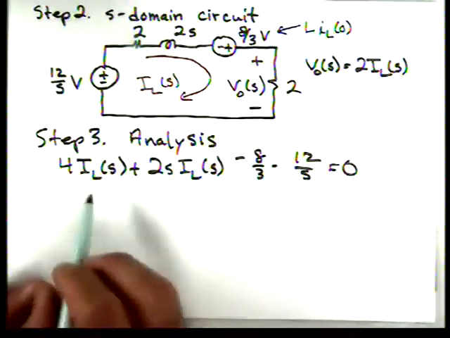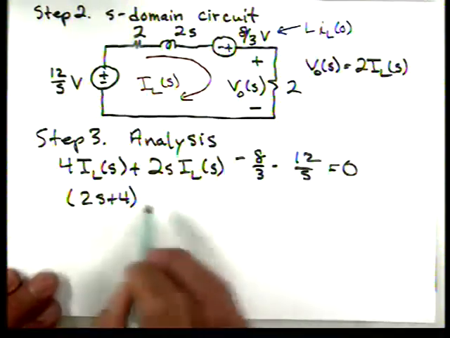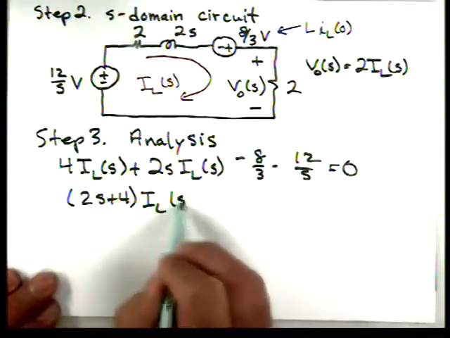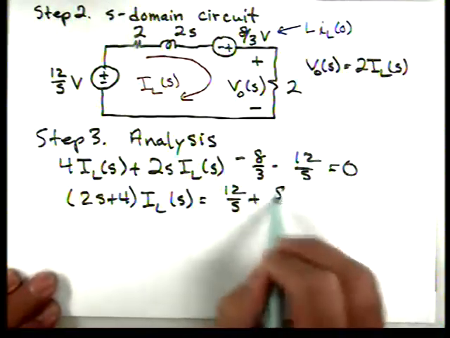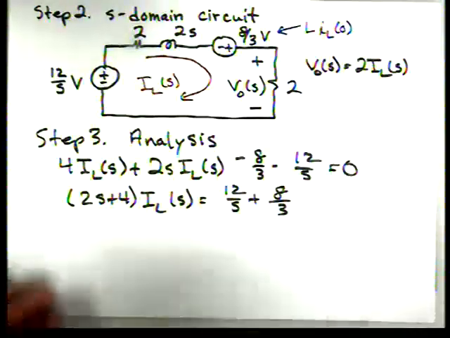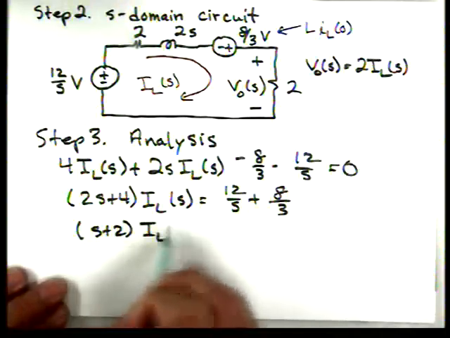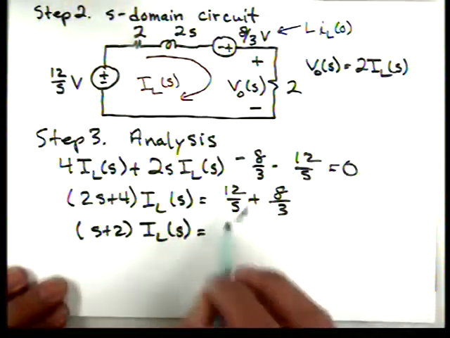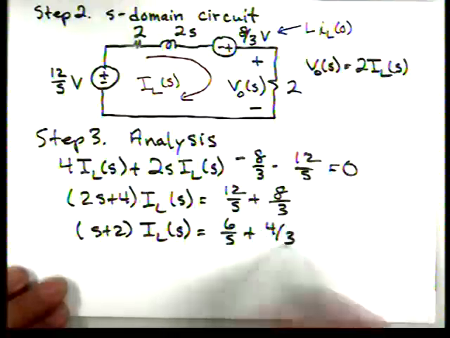So now it becomes a matter of just working with algebra. So we have 2S plus 4 times IL is equal to 12 over S plus 8/3. Now let's factor out a 2. So we have S plus 2 times IL of S is equal to 6 over S plus 4/3.